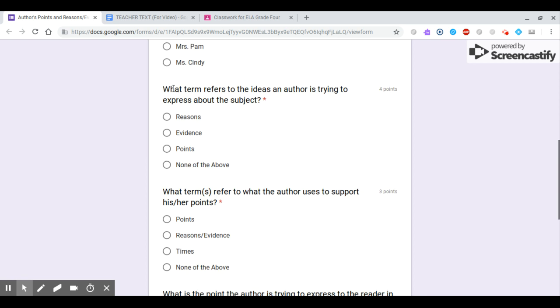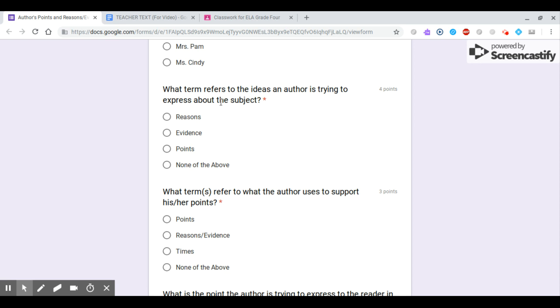Then this is my first real question: what term? A term is a word. What term or word refers to the ideas an author is trying to express about the subject?